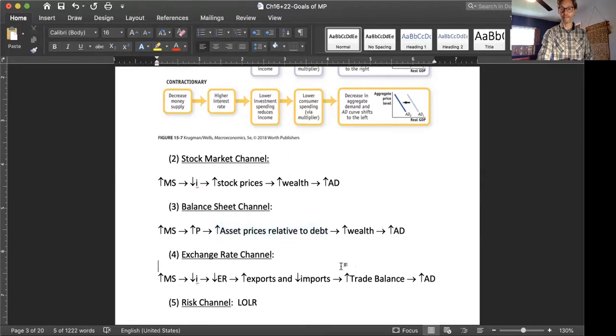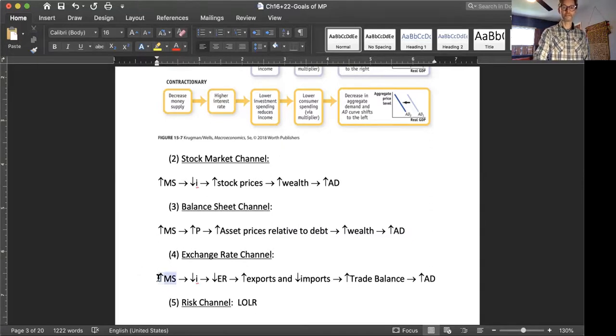We haven't talked about this much. Actually, we haven't talked about this at all. We will talk about this more tomorrow and in the next couple of days going forward. But monetary policy also impacts exchange rates. And so if this is a little unclear to you now, we'll try to fill in the blanks going forward.